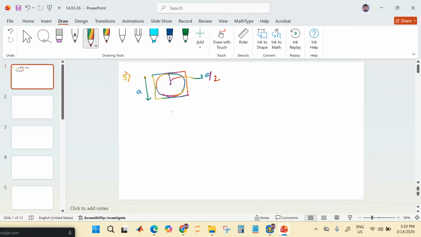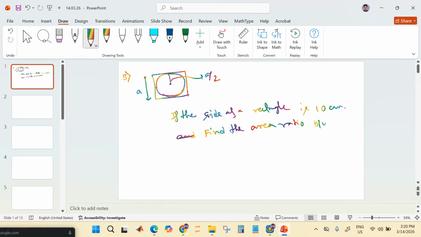That is, if I frame one question that if the side of a rectangle is 10 centimeter, find the area ratio between the square and the inscribed circle.